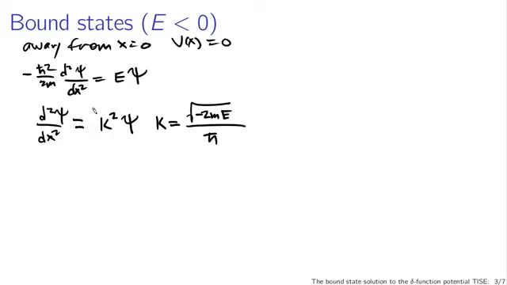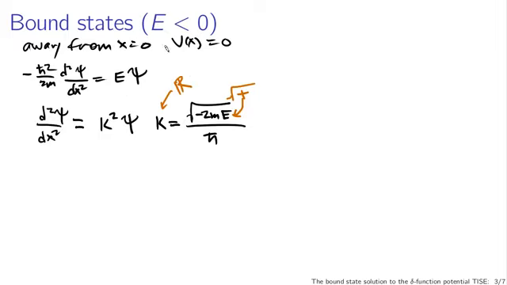To make the signs clear here, energy is negative, so what we're actually looking at is the square root of a positive number. We've got a negative energy, positive mass, and a negative from the minus sign, so k is going to be real.